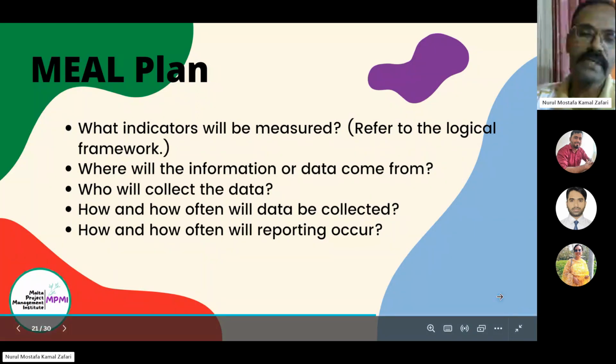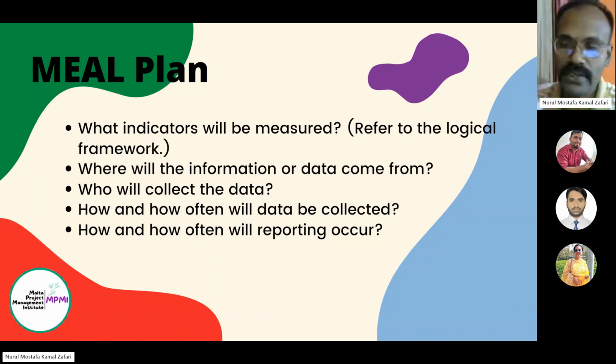One doesn't need to draw a full meal plan here, but a very short, small table.